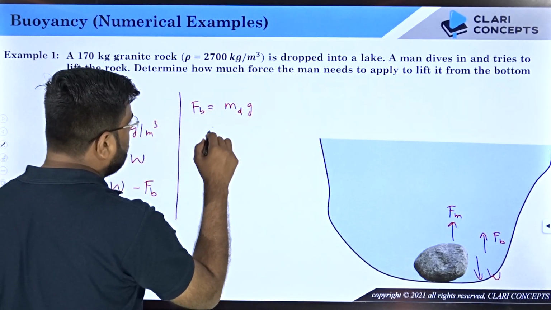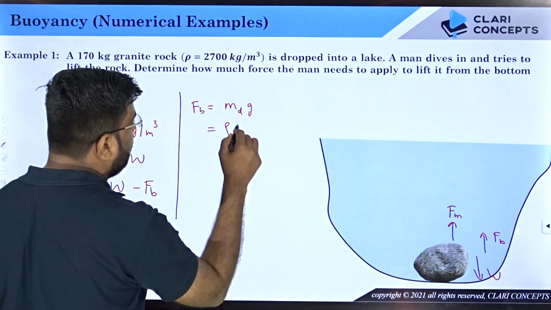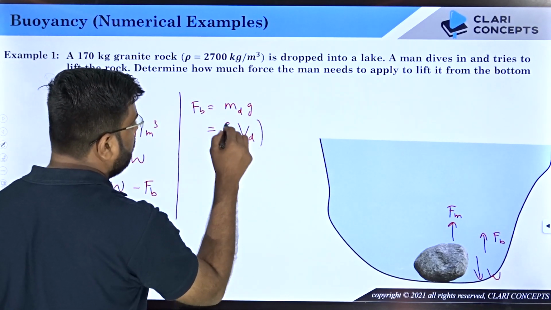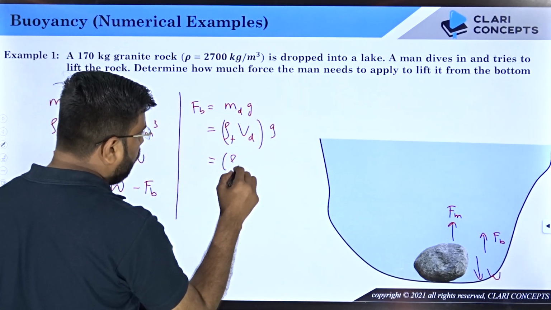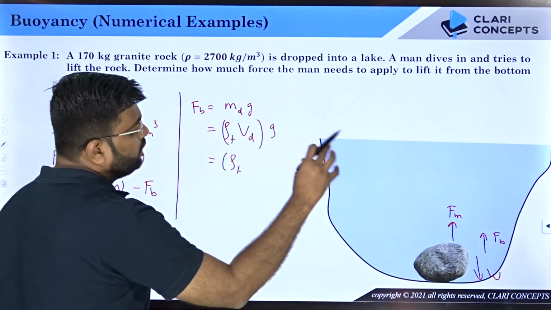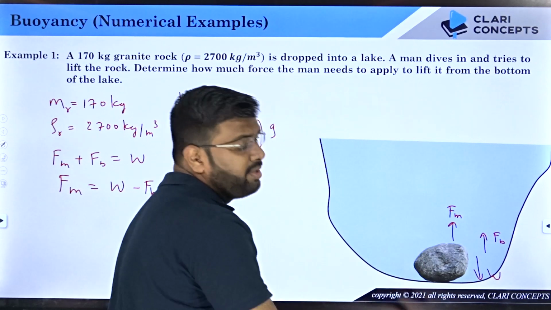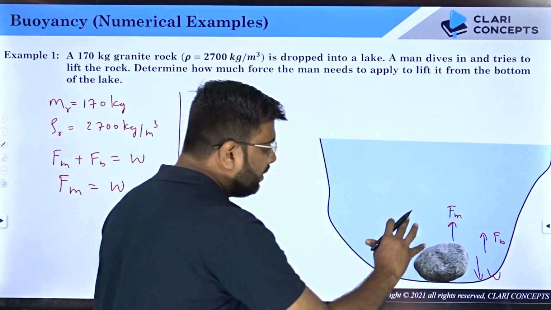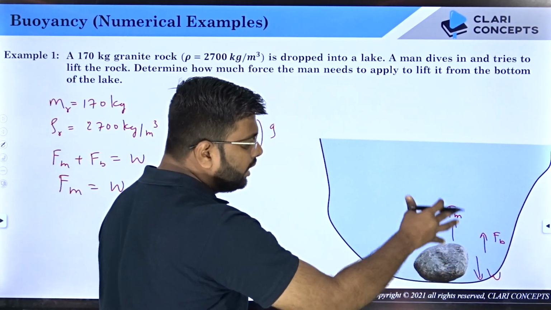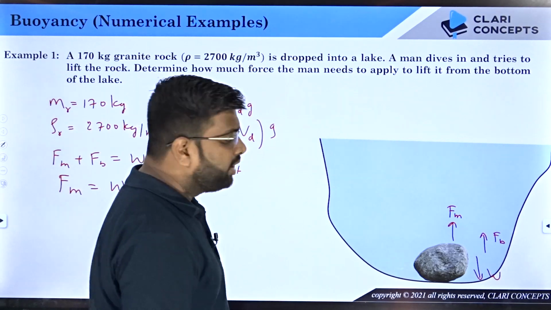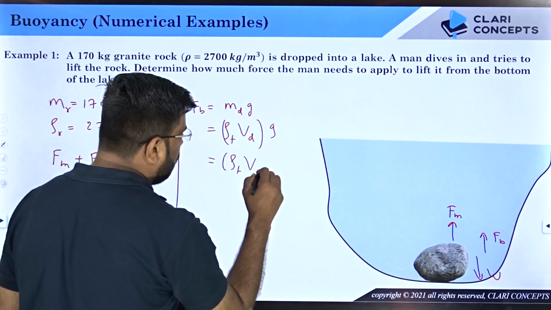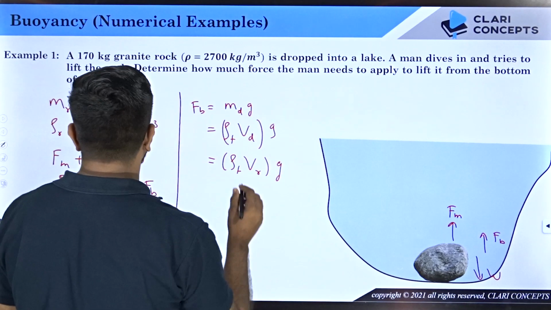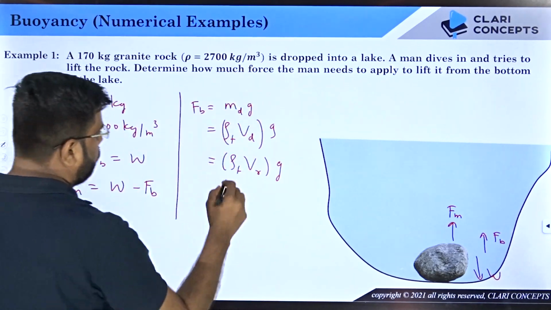Mass of the fluid displaced is density of the fluid times volume of the fluid displaced by the rock, times g. Because the rock is entirely submerged in the lake, the entire volume of the rock is the volume displaced. So this will be density of fluid times volume of the rock times g. The fluid is water, so the density is 1000.